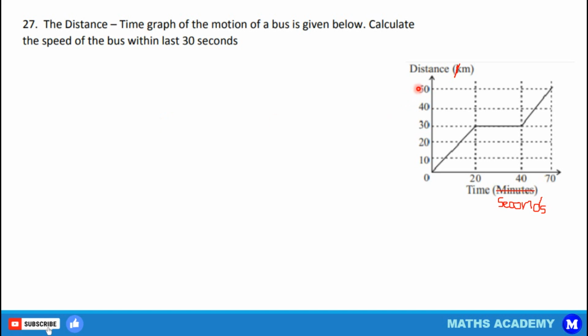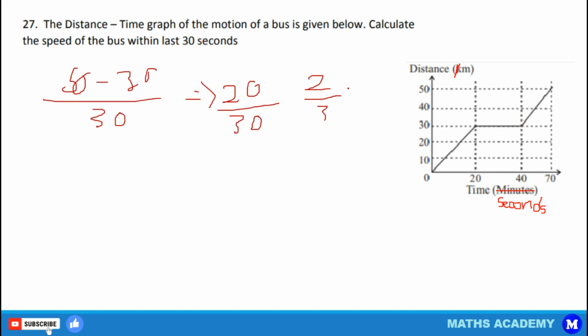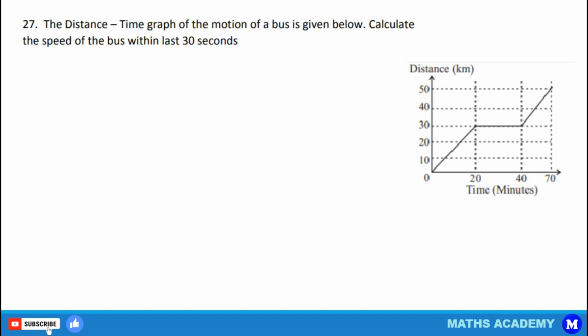So you take 50 and you minus it with 30 because we take only this part, the slope of the line, and you divide that by the 30 seconds. So this is equal to 2 over 3 meters per second. You can also convert this to a decimal number, but keeping it in fraction is easier to understand. So with that, let's move on to the next slide.